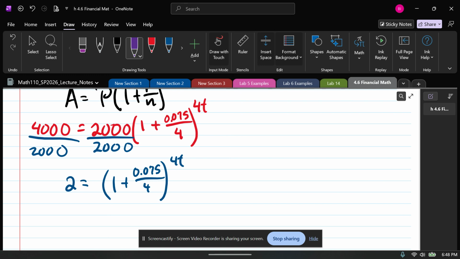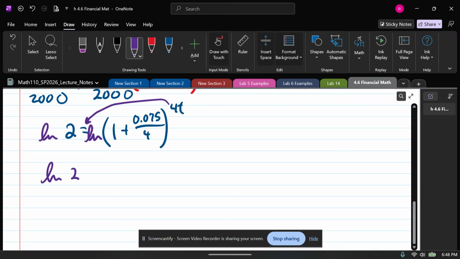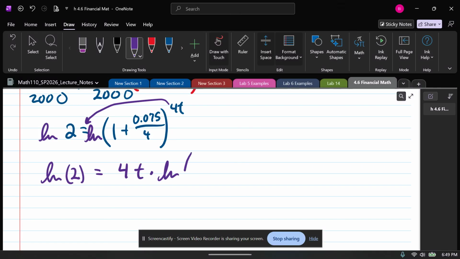We're going to take the natural log of each side. And that's going to allow me to drop the 4t down to the front and have natural log of 2 equals 4t times the natural log of 1 plus 0.075 divided by 4.